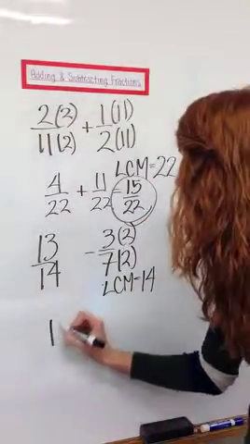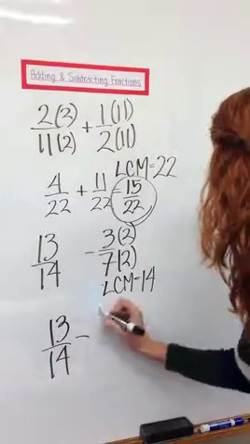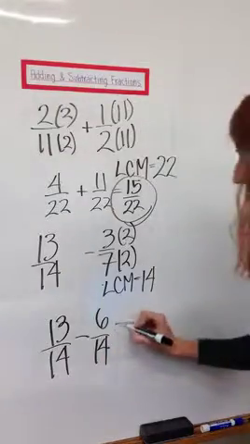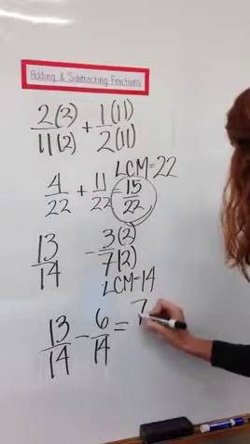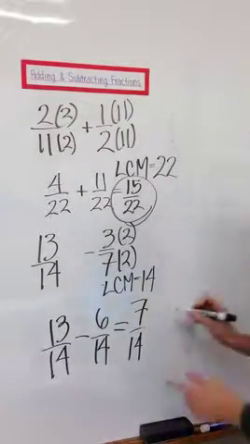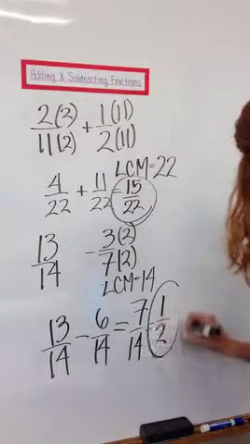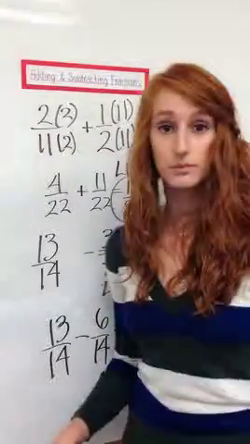Then we'll rewrite it. So we'll have 13/14 minus 6/14. So our final answer will be 13 minus 6, 7 over 14. But we can't forget to simplify here, so we'll actually have 1/2. Okay, that's adding and subtracting fractions.